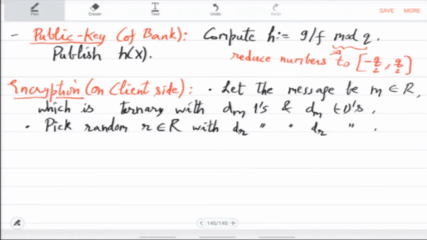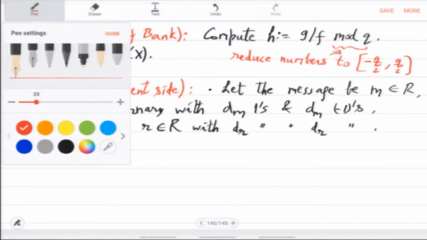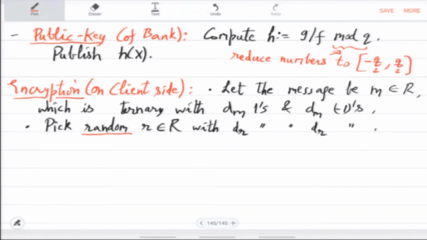So pick a random r. Okay, so you have used all the four parameters, df, dg, dm, dr.